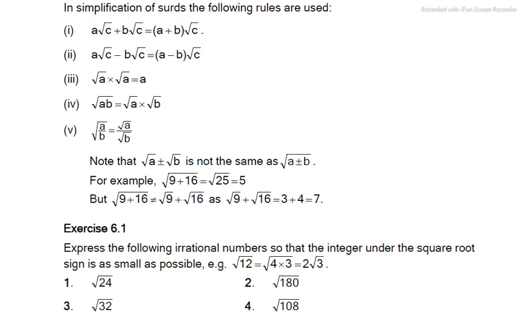For instance, if we have root of 9 plus 16 in a common bracket, that gives us root of 25, which is 5. However, this is not the same as root 9 plus root 16.